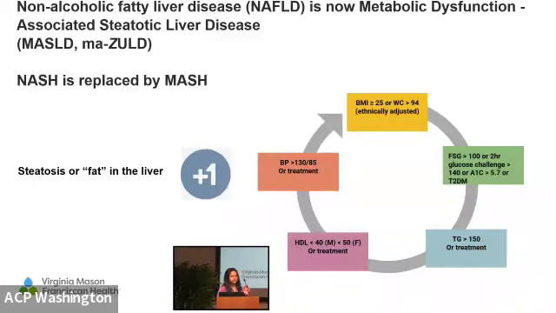That is a BMI of over 25. Actually, in some of the ethnic groups, especially among the Asians, the BMI cutoff is taken as 23. If you have either prediabetes or diabetes, if you have a triglyceride over 150, or if you have a low HDL, or if you have hypertension, if you have any one of these along with steatosis, that's enough to make a diagnosis of MASLD.